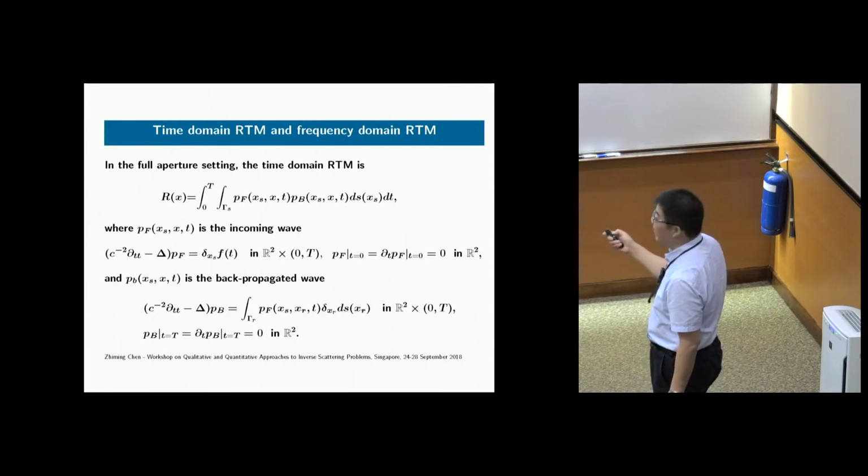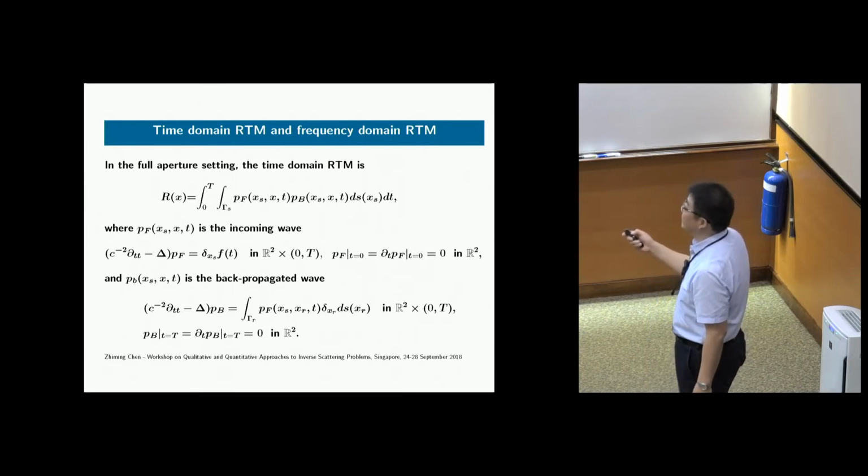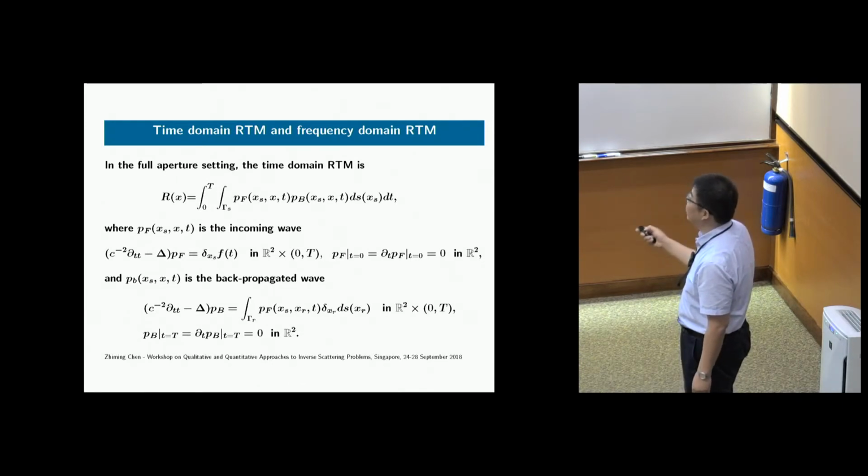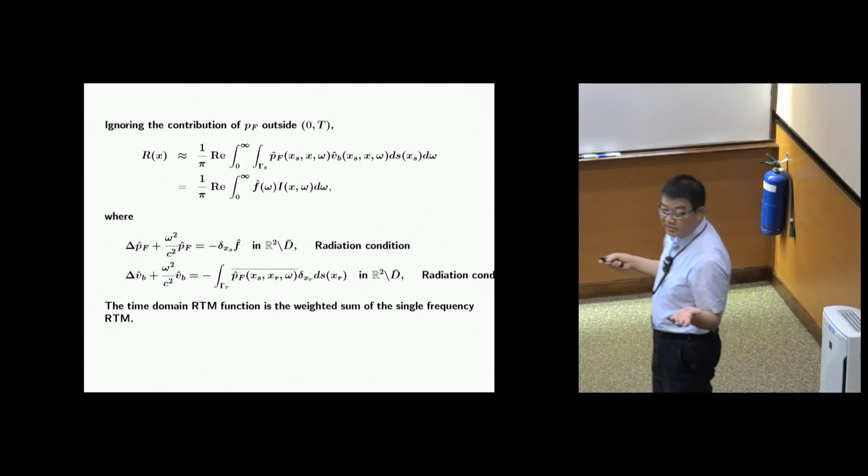This is the time domain RTM imaging function, which is the incoming wave. We have the source, and then you have the backpropagated data, also at the source. Then you have this backpropagation of the data.